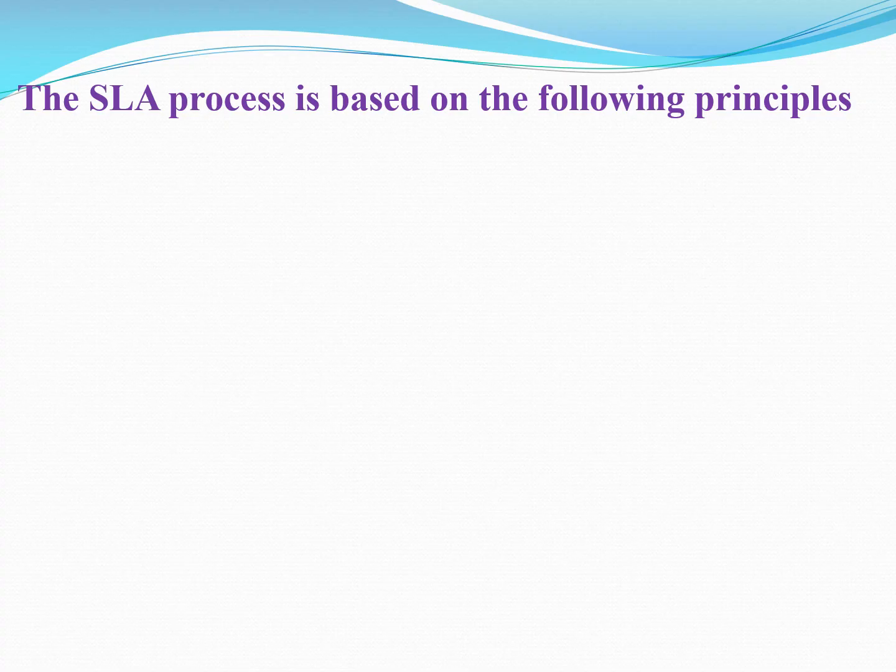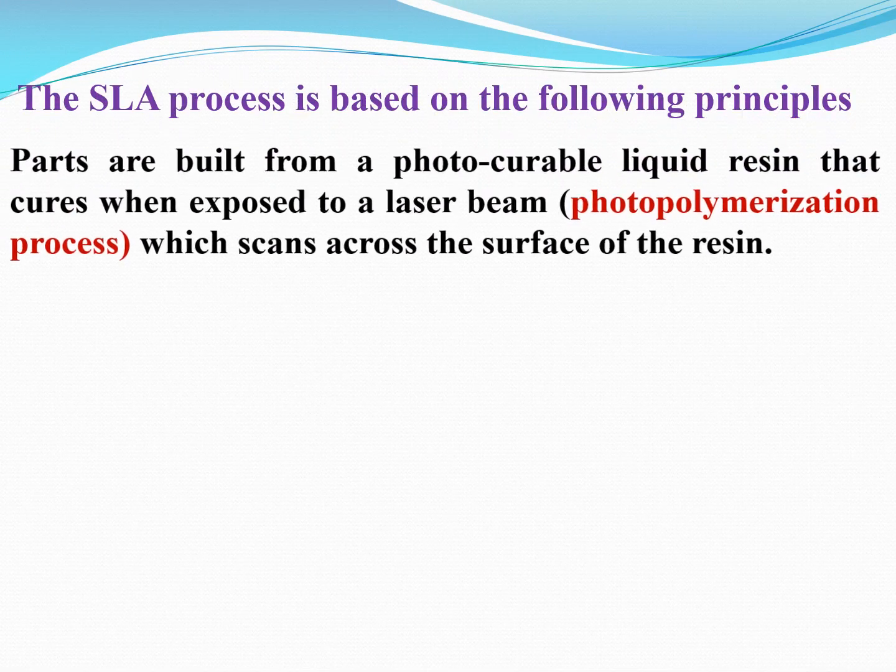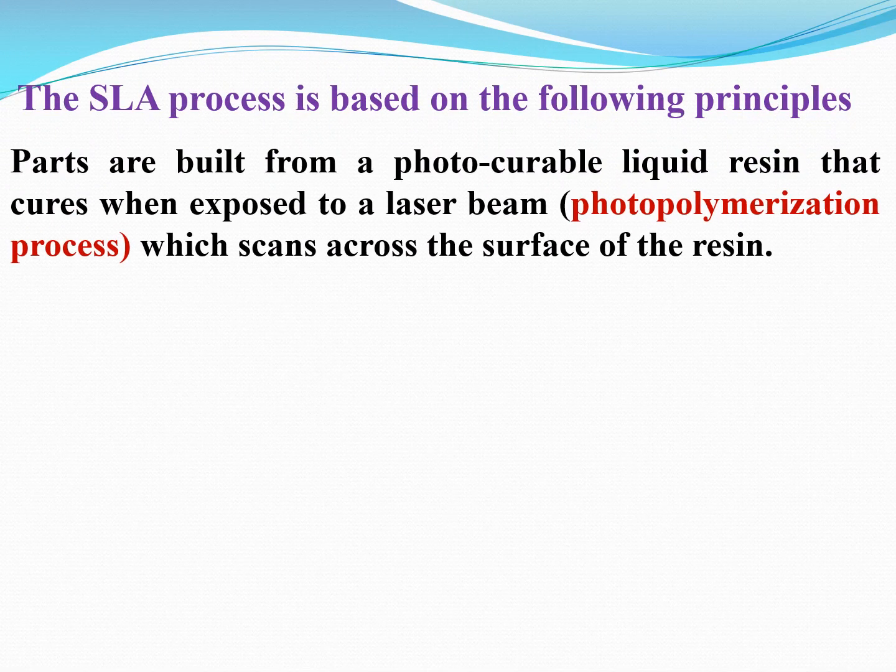The SLA, stereolithography apparatus process, is based on the following principles. Parts are built from a photocurable liquid resin that cures when exposed to a laser beam, which is the photopolymerization process, scanning across the surface of the resin.